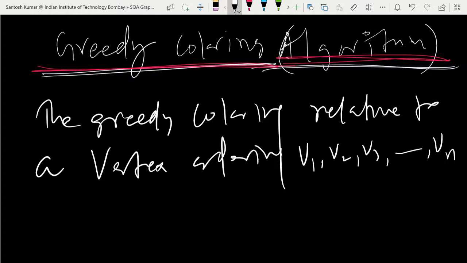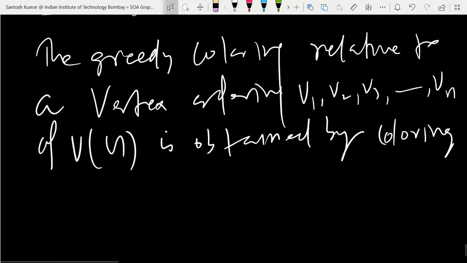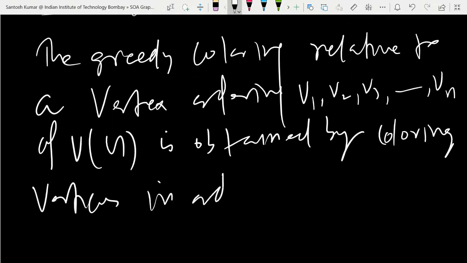So the greedy coloring relative to the vertex ordering v1 v2 vn of vertex set V is obtained by coloring vertices in order. So in order, first you will give color to v1, then you will give color to v2, and so on.